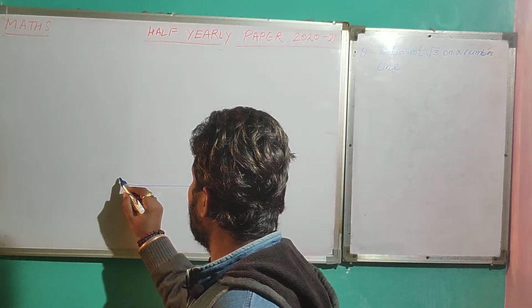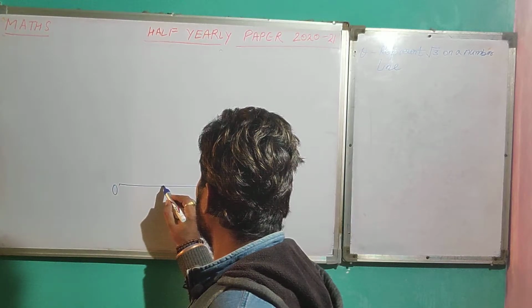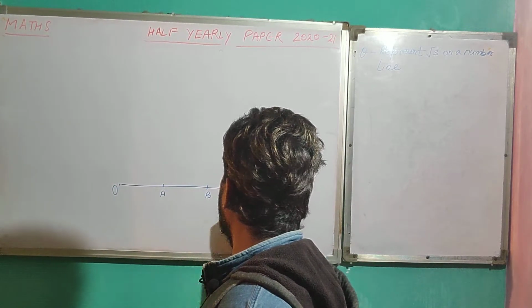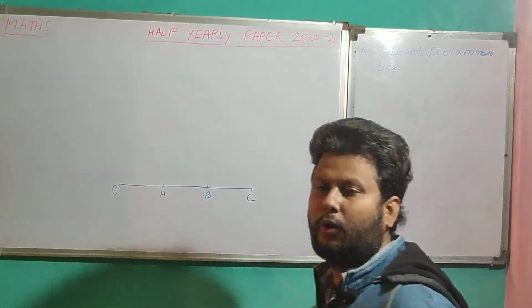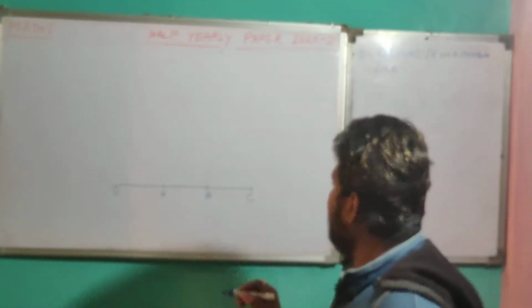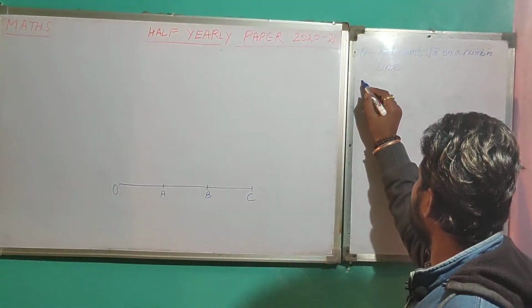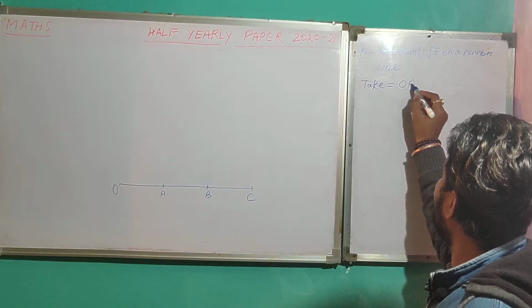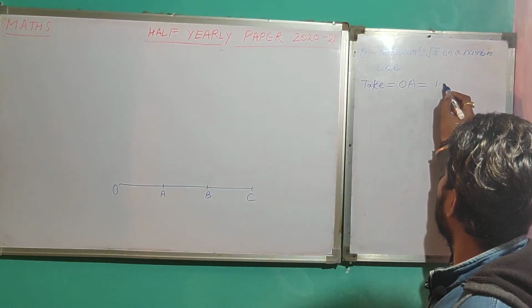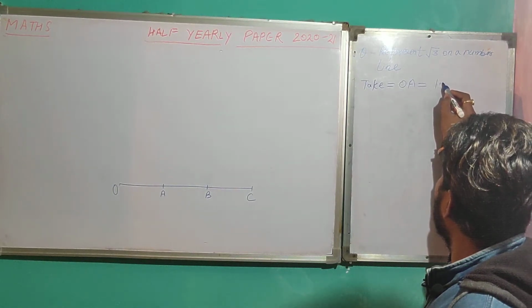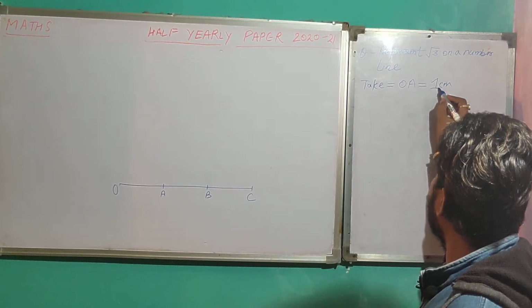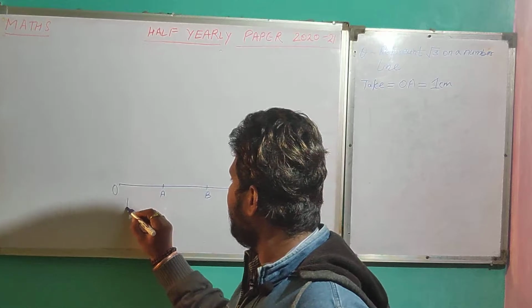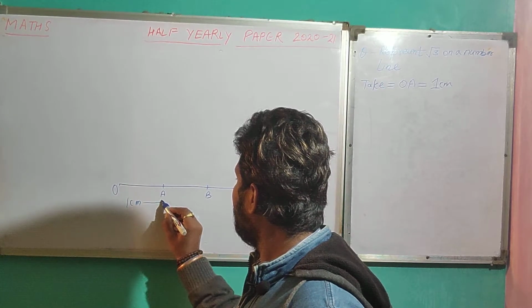Okay. Suppose this point is O, this point is A, this point is B, and this point is C. Okay. This is a number line. Take OA equal to 1 centimeter.